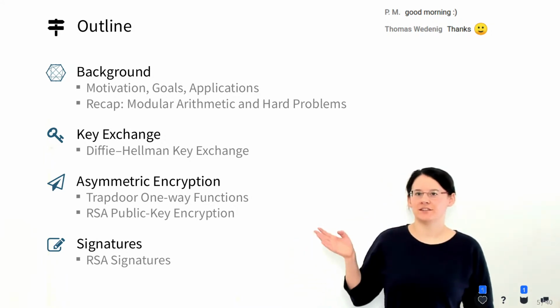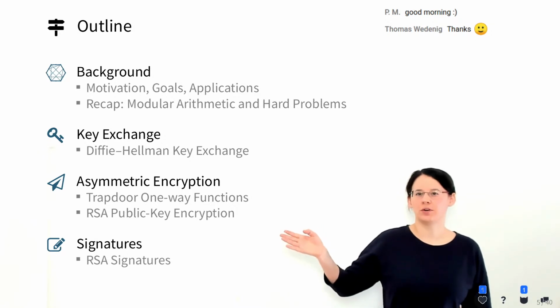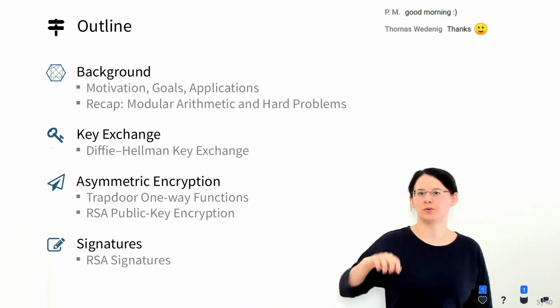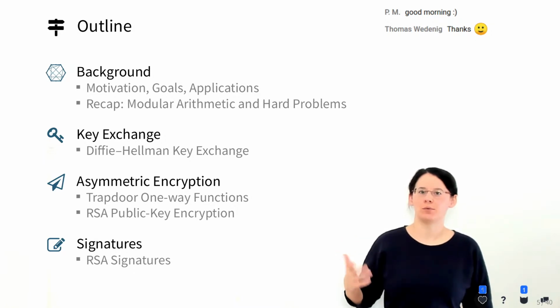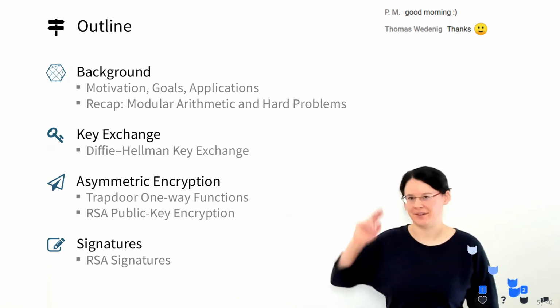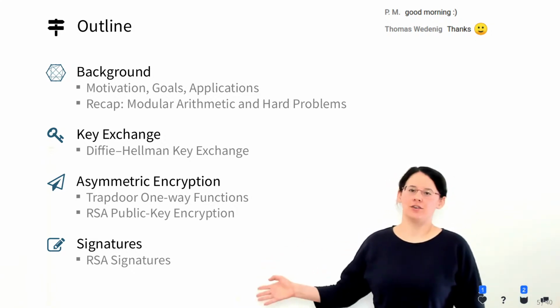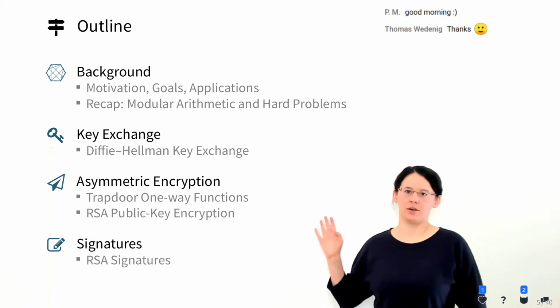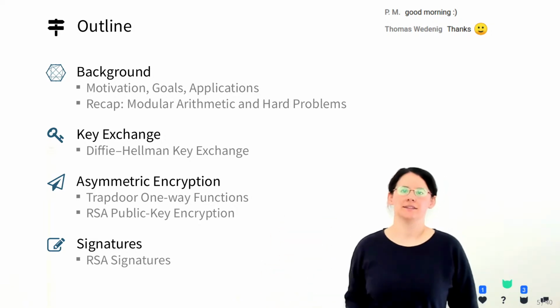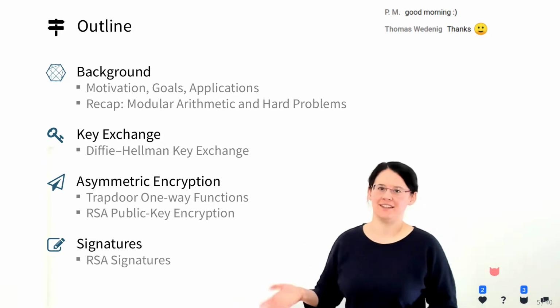Then we're going to look at asymmetric encryption by means of RSA, and also a bit more at the general concept of trapdoor one-way function, which is the more general description of what AES is doing, RSA is doing, sorry. Finally, we have a look at signature schemes, which can be built in a very similar way as encryption schemes, in some cases, for the case of RSA.